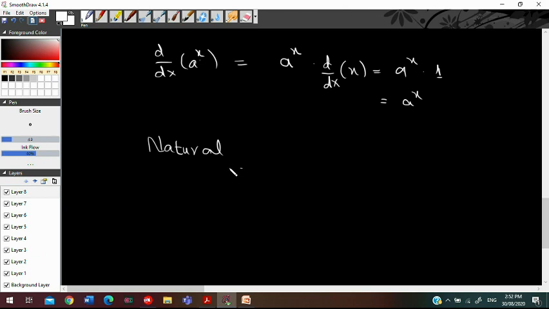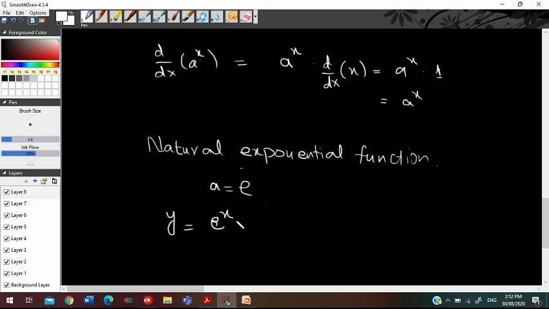So in the natural exponential function, the result is the same. Here we have a is equal to e, so y is equal to e power x.